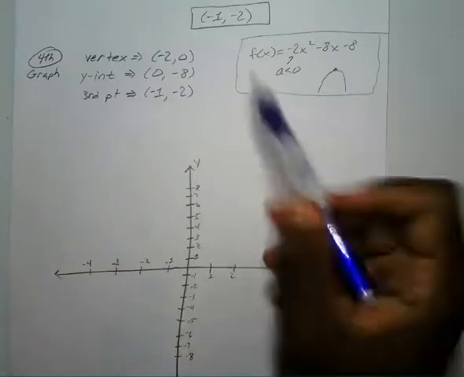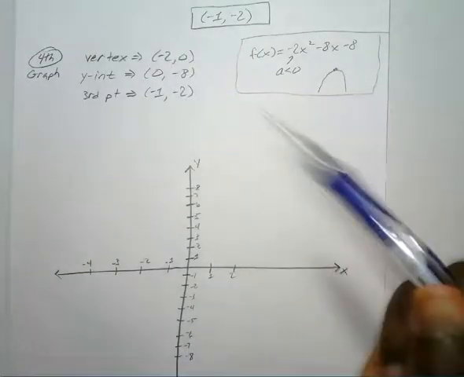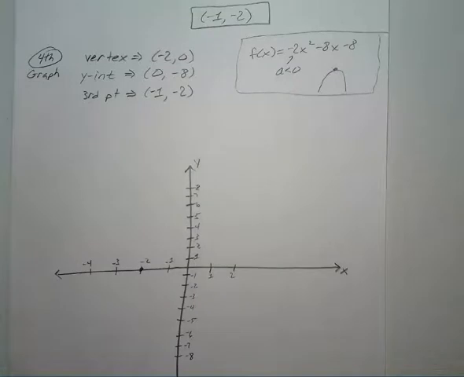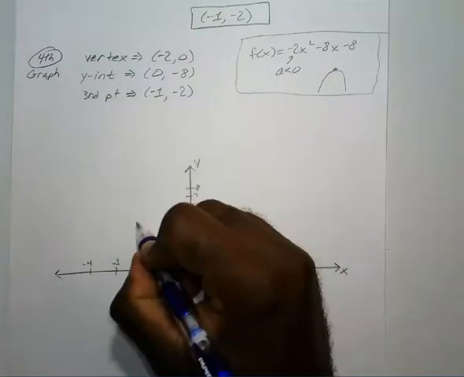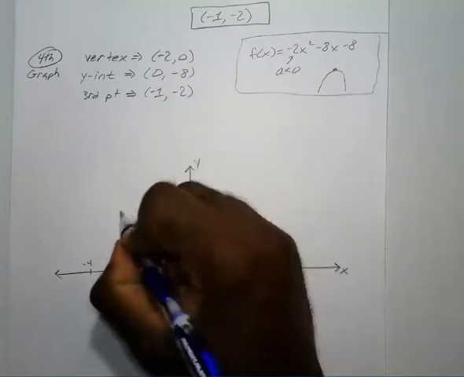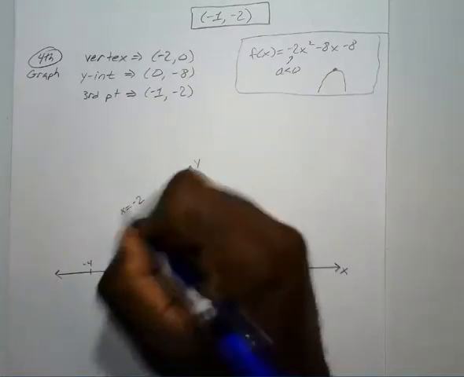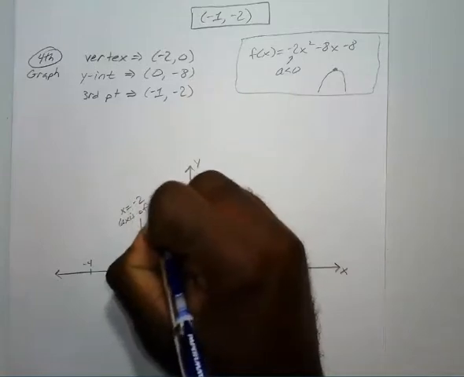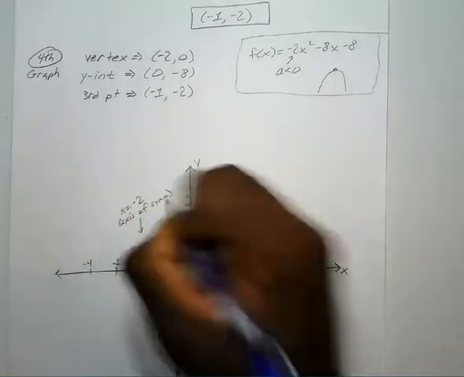All right, so first let's plot our vertex. So we have negative 2, 0. That's our negative 2, 0, where in this case x equals negative 2 is the axis of symmetry.